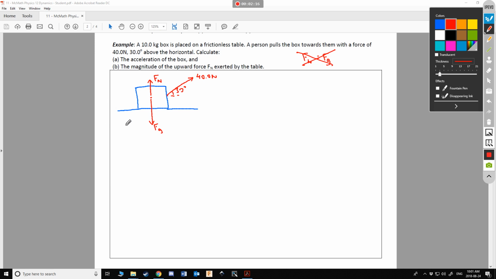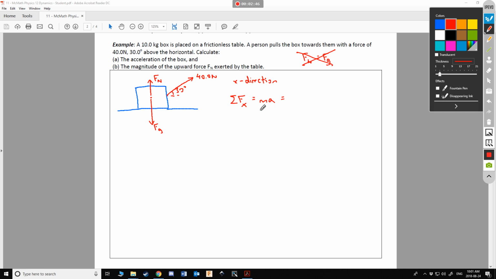So just like in kinematics, we want to look at the sum of the forces in the x direction and the y direction. Okay, so let's look at what is happening in the x direction. The sum of the forces must equal ma. We always start with this expression, F equals ma.